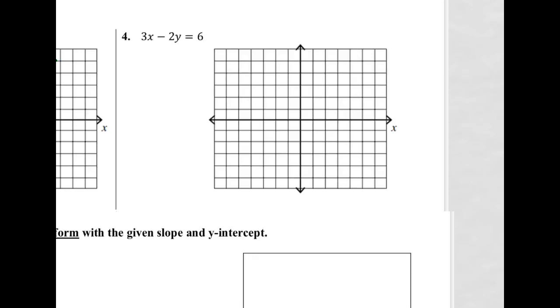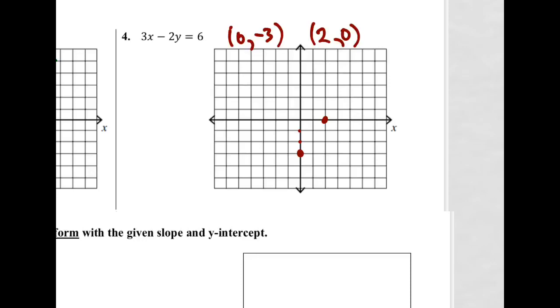So in this equation, if x equals 0, y would have to equal negative 3. And if y equals 0, x would have to equal 2. And so there's our points, right? So (0, -3) and (2, 0). That's our line right there.